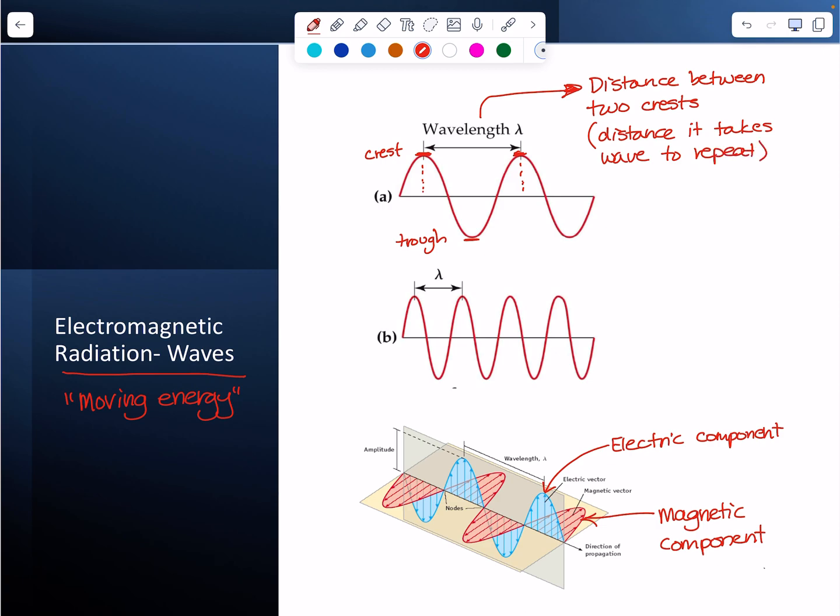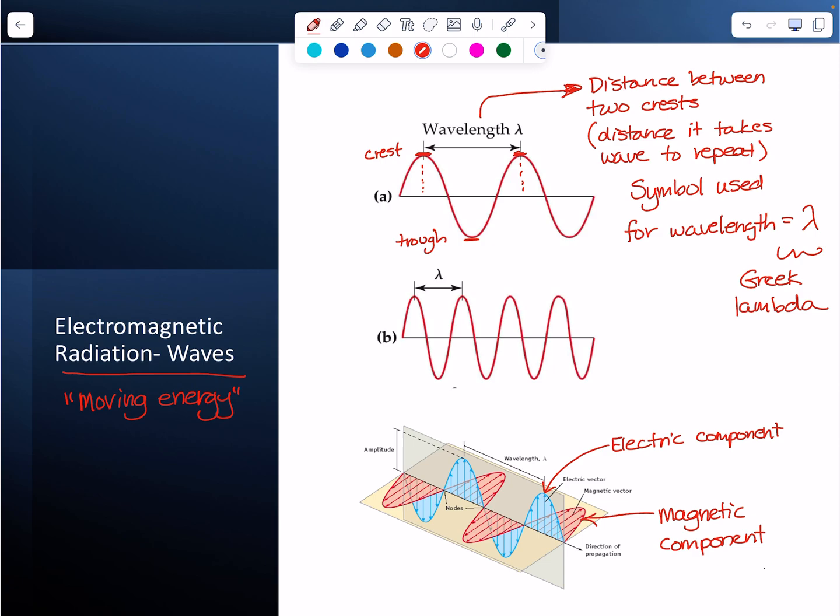The symbol that we use for wavelength is the Greek letter lambda. It's like a little L in Greek.